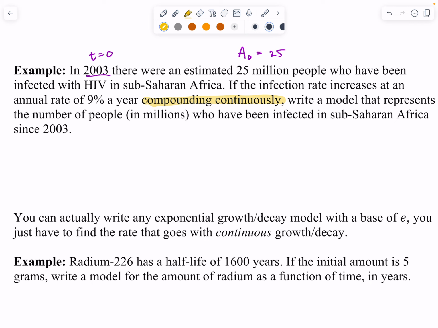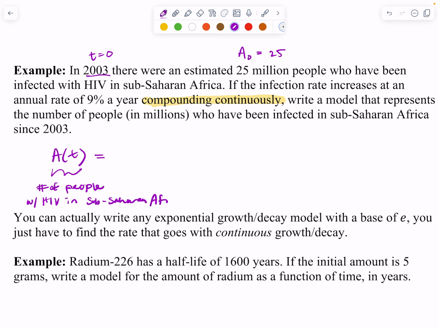Write a model that represents the number of people in millions who have been infected since 2003. A of t would represent the number of people, the population of people with HIV in sub-Saharan Africa. We can treat 25 million, and this would be in millions.